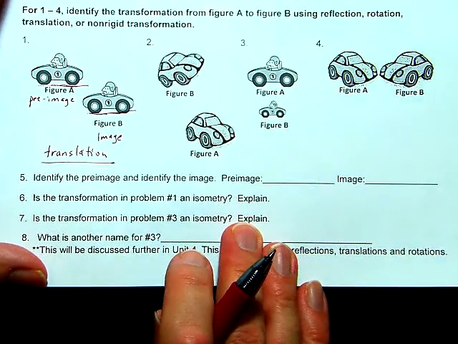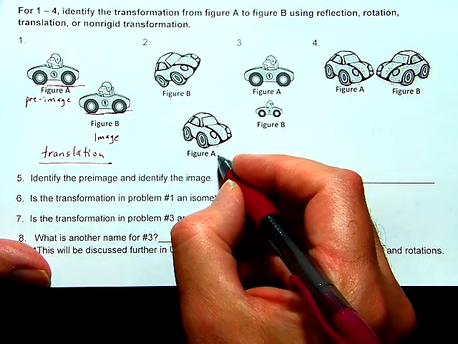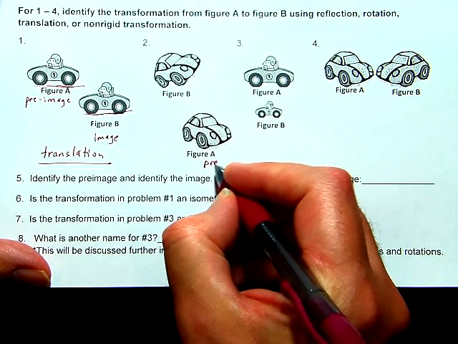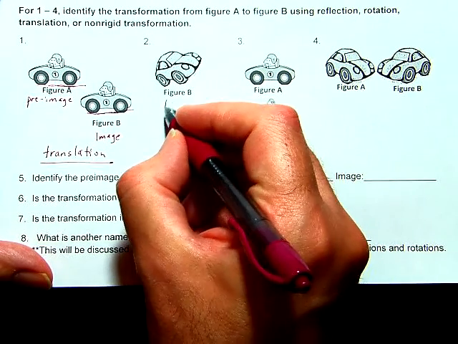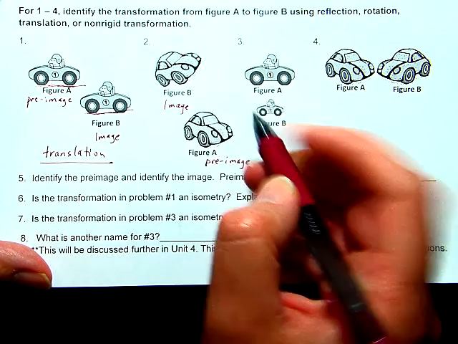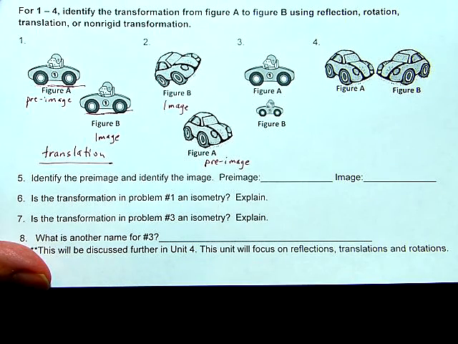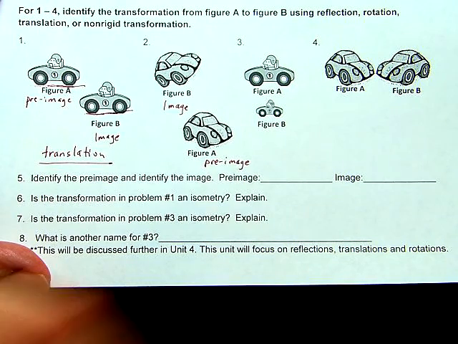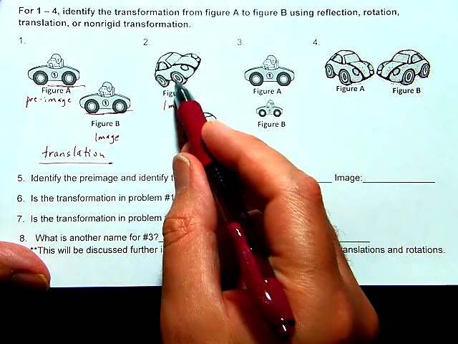Now contrast that with problem number 2. Here we've got figure A is the pre-image, and figure B is the image. So we're going from this to this image. Well, clearly there's some translation here, right? We're actually moving from this location to this location.